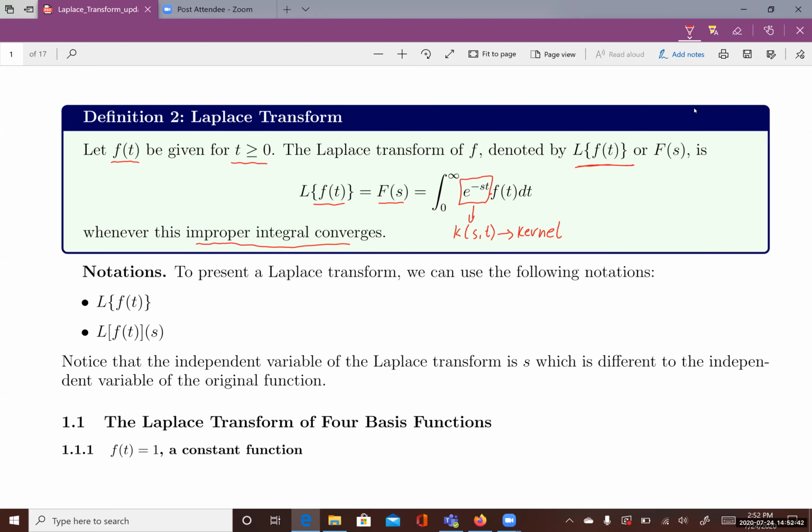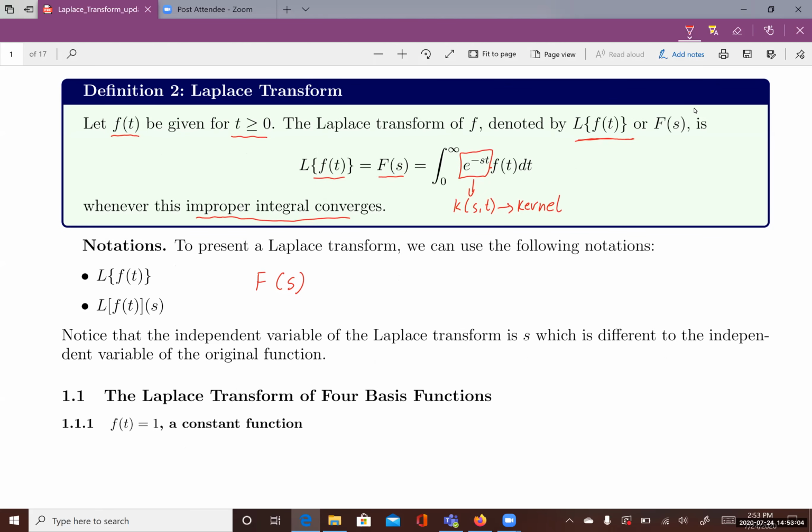So in order to present Laplace transform, you can use either L brackets f of t or L square brackets f of t in terms of s, or you can use big F of s, just for people to know that you are using the Laplace transform, not the original function. And again, the independent variable of the Laplace transform is s, versus the independent variable of the original function, which could be t or x, depending on the function.